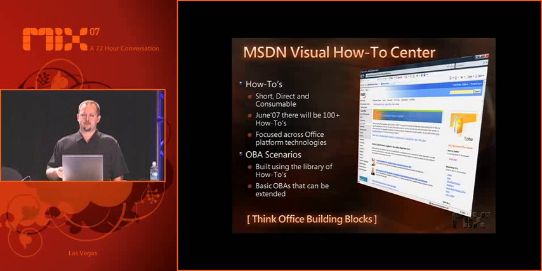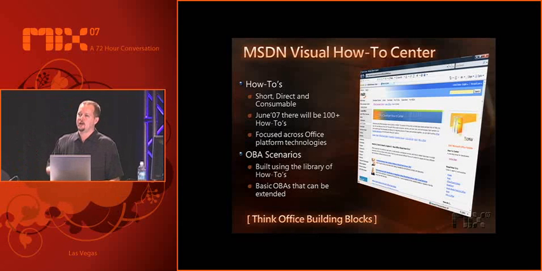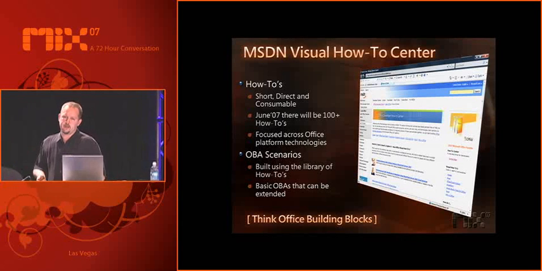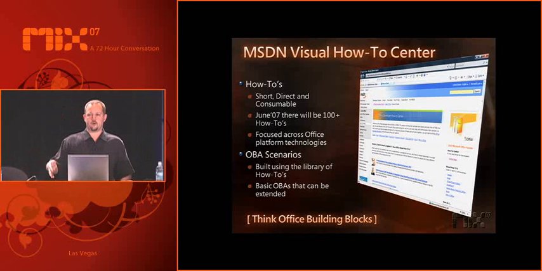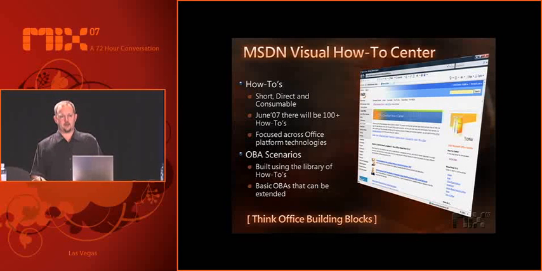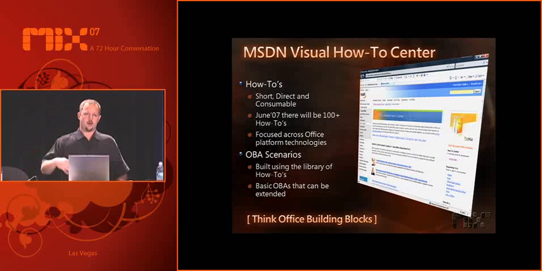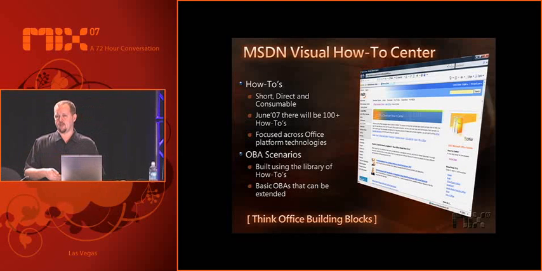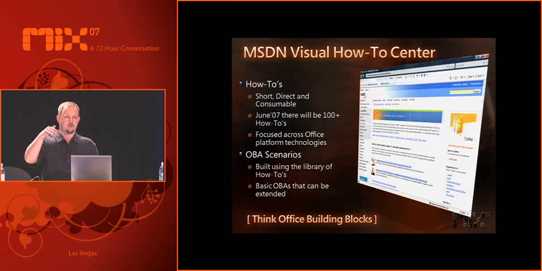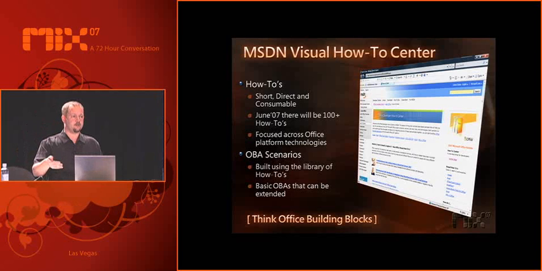Probably one of the greatest things that we have done with MSDN is we have this thing called the community feature. Unfortunately, it's located at the bottom of the page, and sometimes it's a long scroll. But on any piece of content in MSDN, you can tag it with your own response.